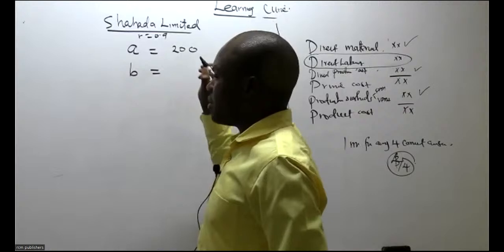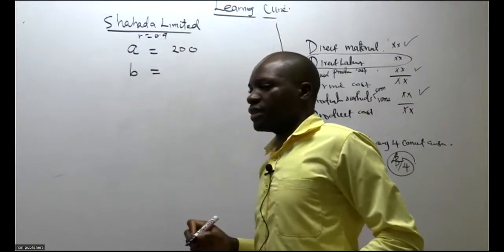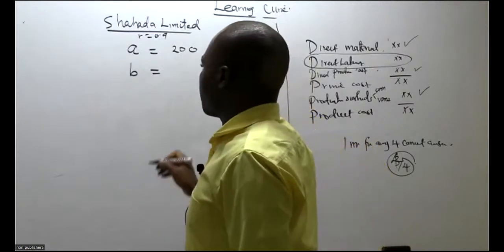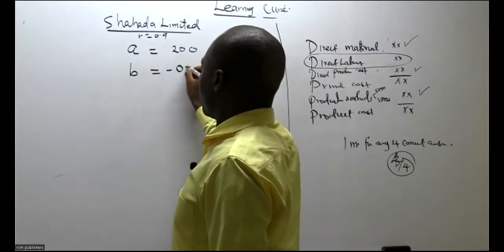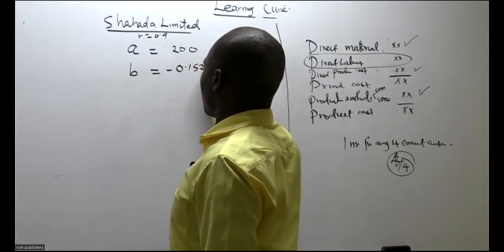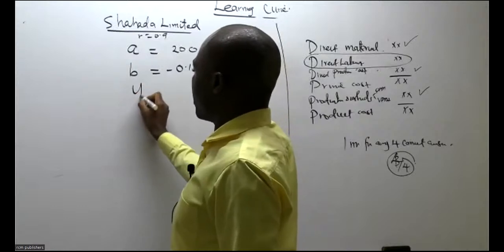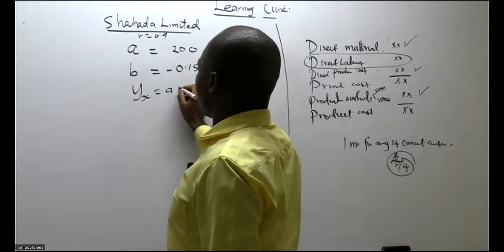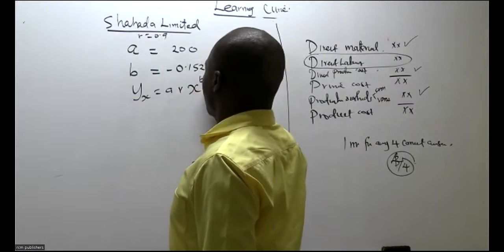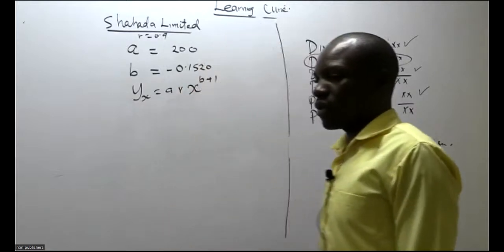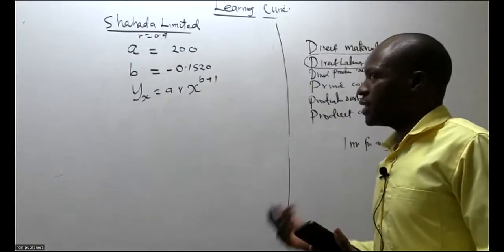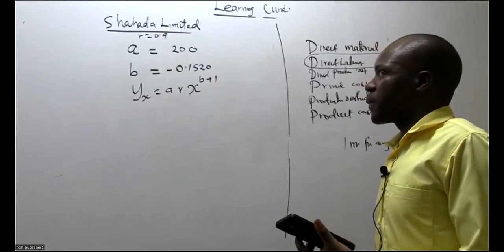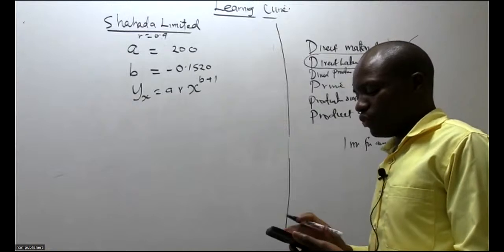Log R divided by log 2 is giving us negative 0.1520. And we know that y of x is equal to A multiplied by x raised to power B plus 1. So that one we know very well. Let's now go to the question and identify what the examiner wants us to do.